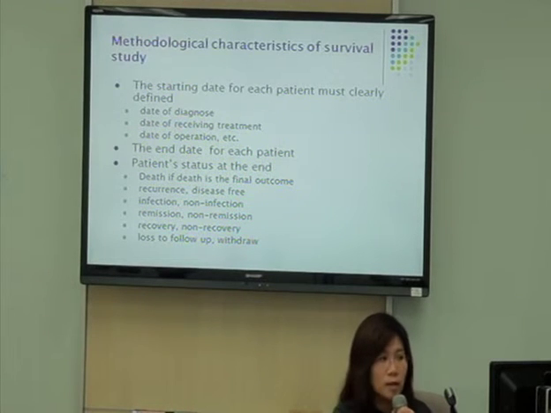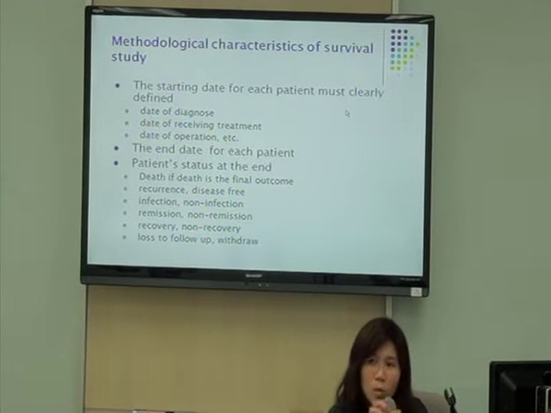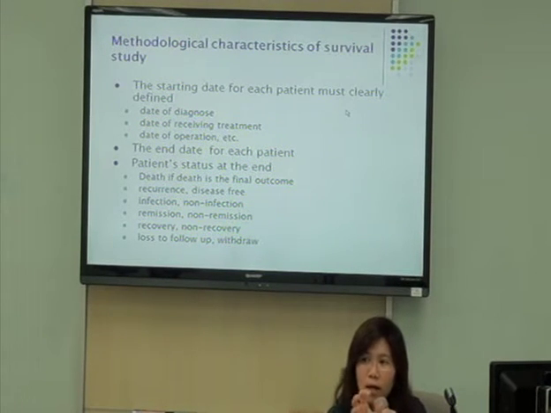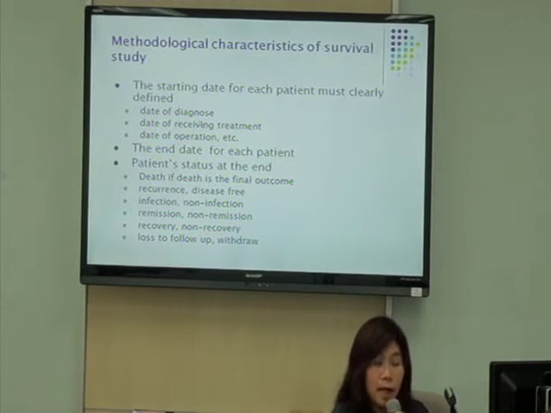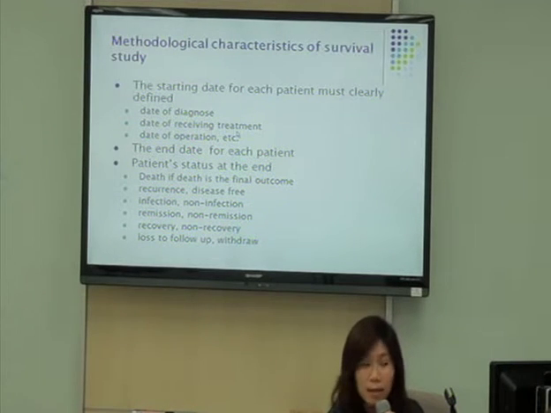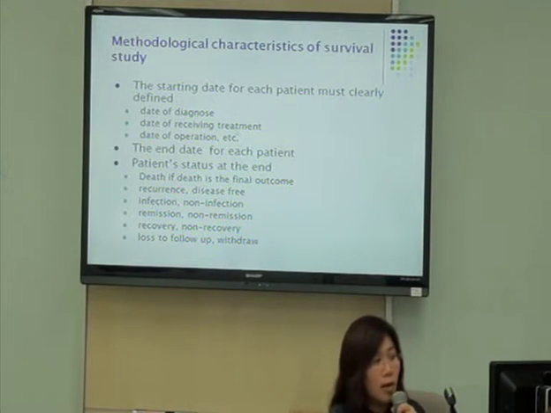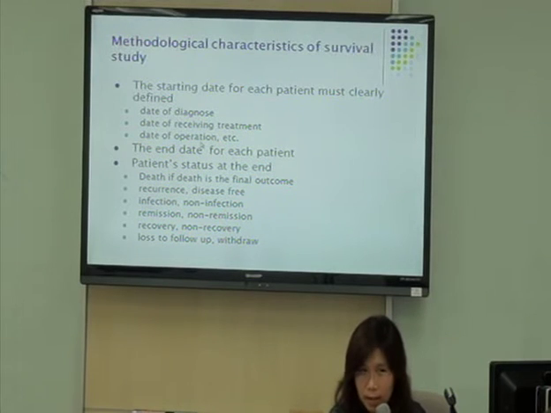The first one, you have to have the starting date for each patient, whichever definition that you use to clarify this is the starting point, this is the origin. For example, maybe the date of diagnosis, maybe the date of receiving treatment in the case of a prognosis study, or might be the date of operation.